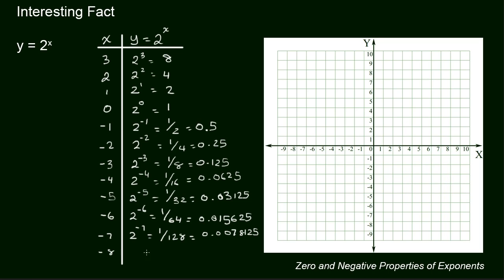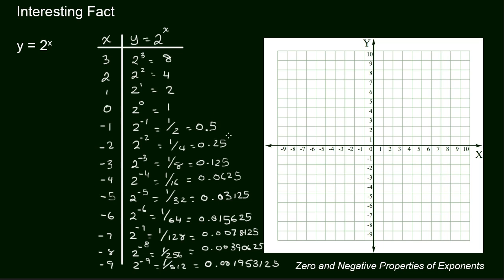At x equals negative 8, 2 to the power of negative 8 is 1/256, which is 0.00390625. And at x equals negative 9, 2 to the power of negative 9 is 1/512, which is approximately 0.001953125.